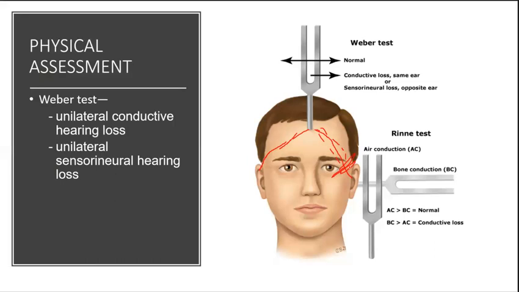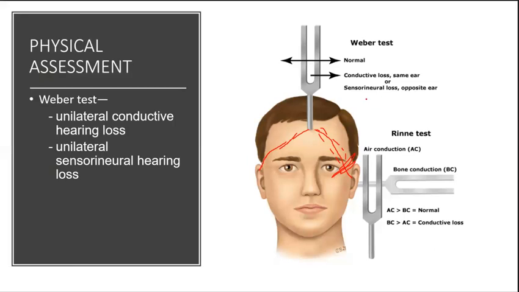It's going to cause the patient to have an increased sound in the ear with a problem where there's that obstruction. So that would tell me this is a conductive hearing loss.